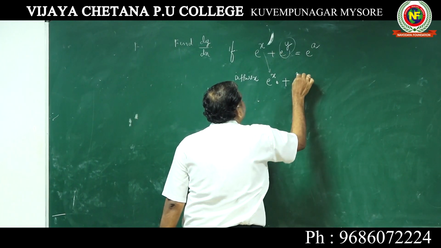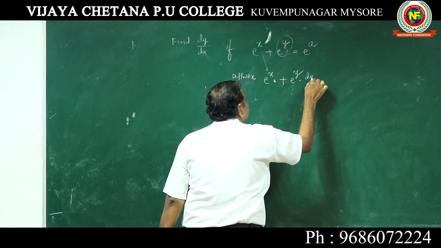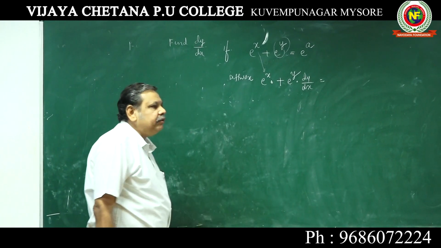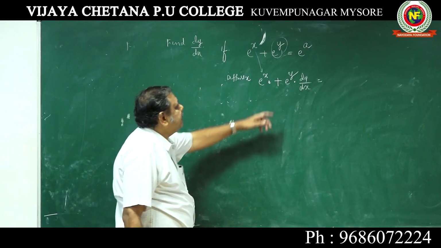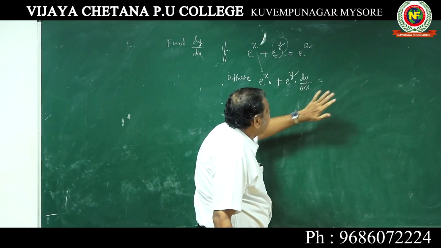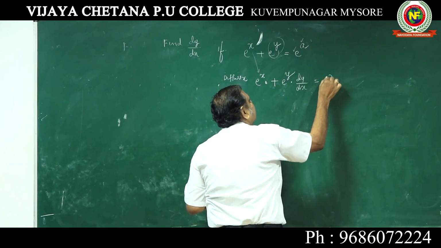When you differentiate e to the power of y, e to the power of y into dy by dx, this should be written whenever you are differentiating. And right side, many students I have seen writing a e to the power of a minus 1 or e to the power of a itself. So many things they write. This is a constant, this is constant, this is constant.